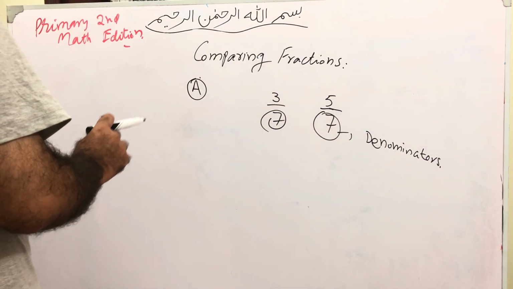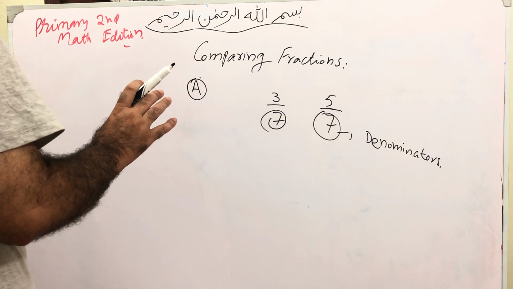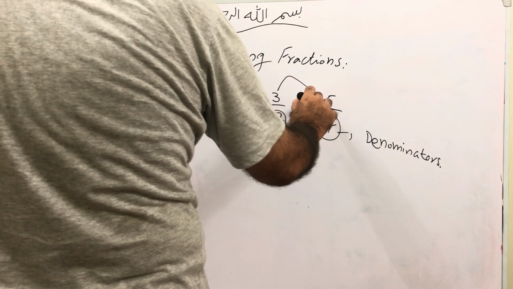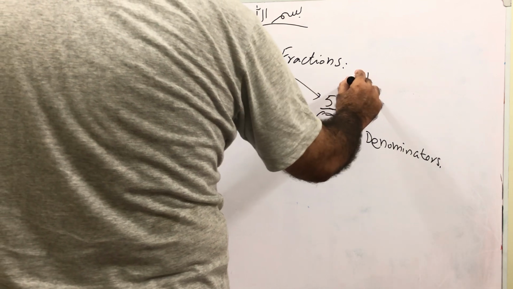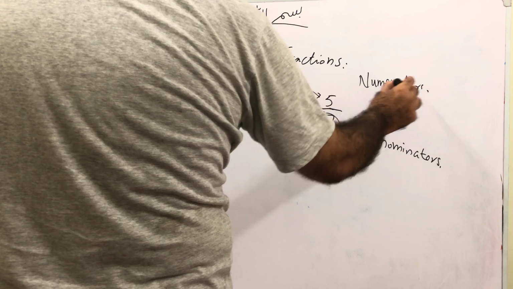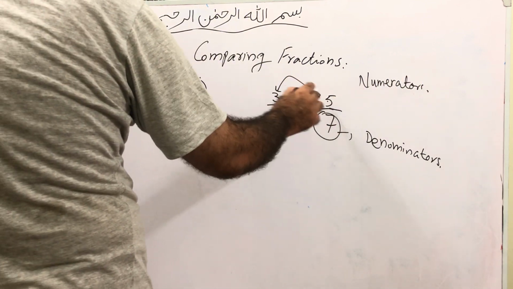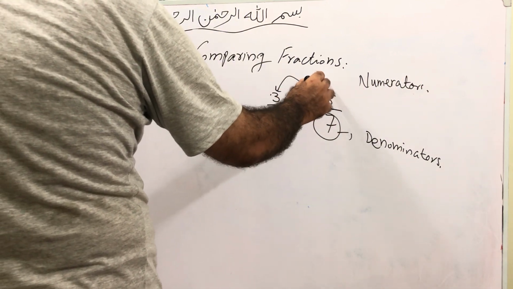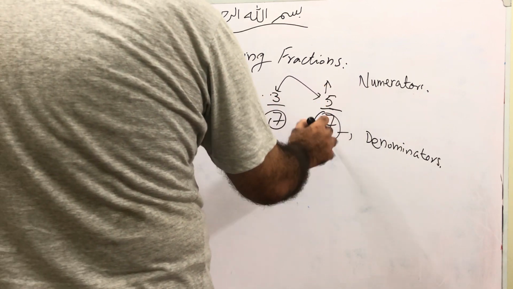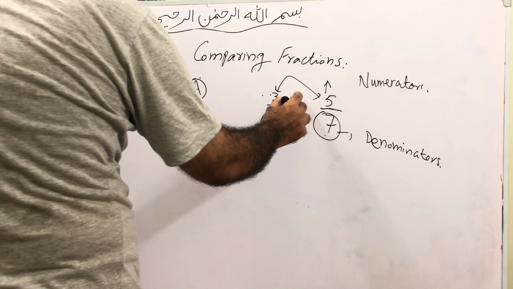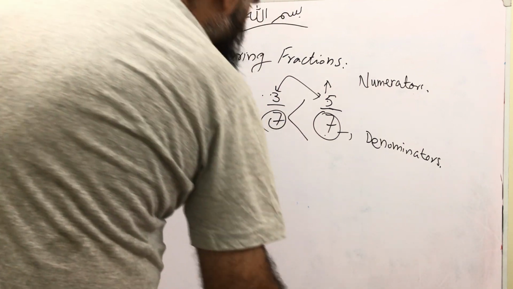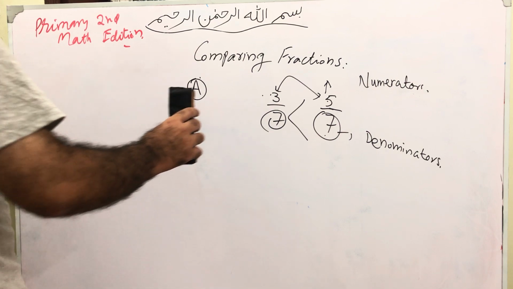So for this type of question, where denominators are the same, we need to compare only the numerators. We see that 5 is greater than 3. So it means 5 over 7 is greater than 3 over 7. This is the simple solution for questions which have the same denominators.